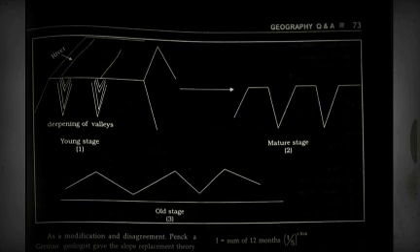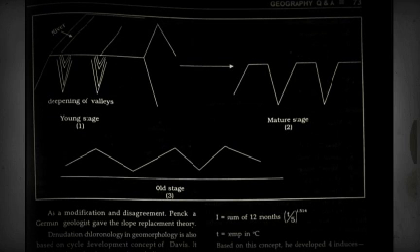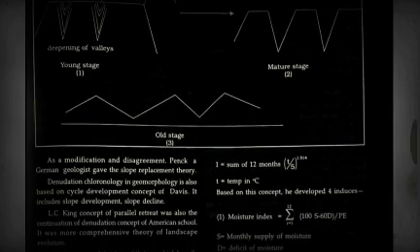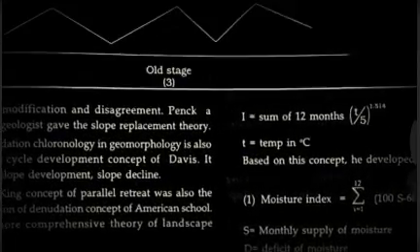In the mature stage, valley widening is seen but not deepening. In the old stage, the deposition process is here, not valley widening or deepening; it is mainly floodplains and other depositional features you can see here.